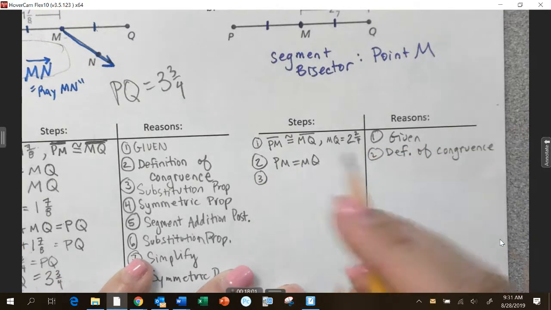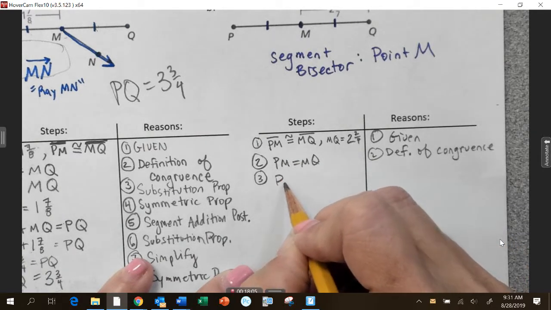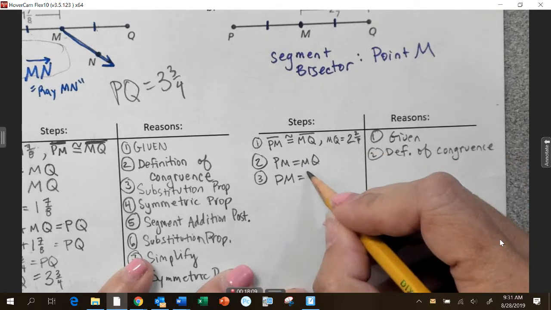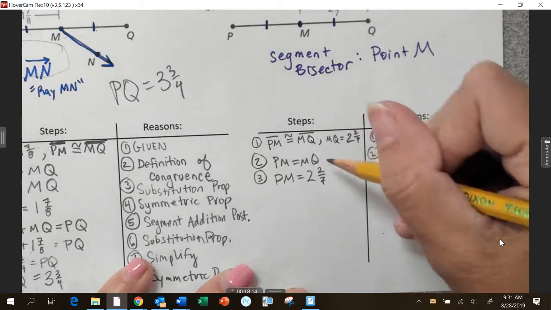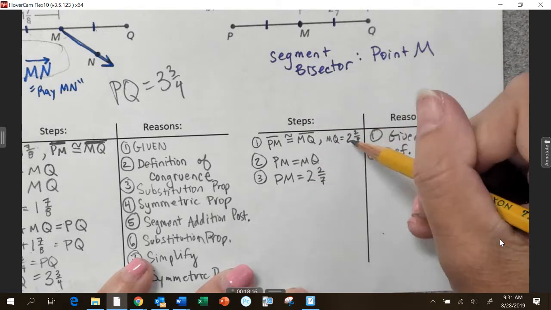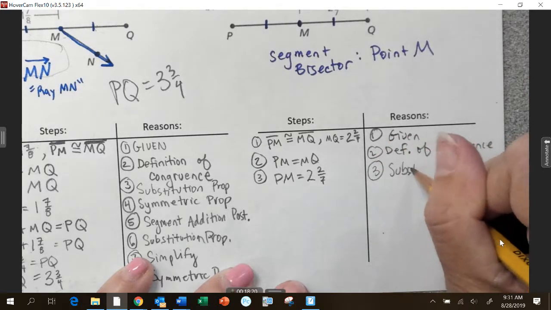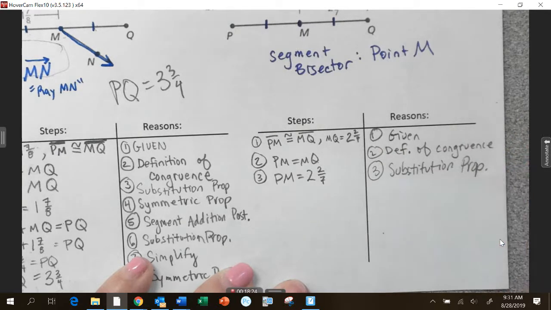All right, my next one is I'm going to say that PM equals 2 2/7. Since PM equals MQ, and we just replaced MQ with 2 2/7, that's substitution property.